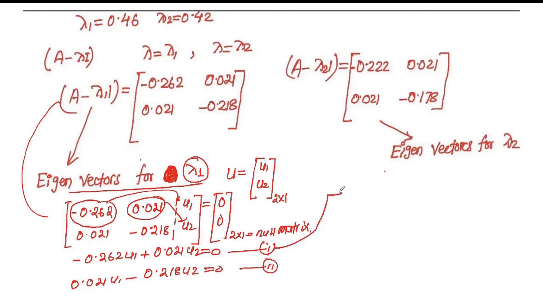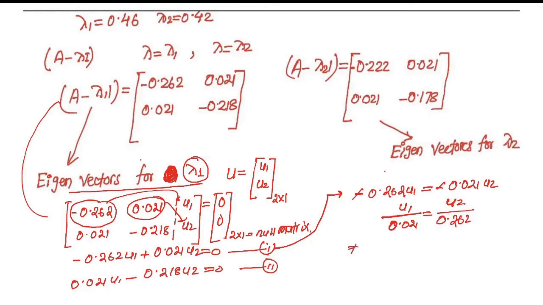Solving equation 1 here, we get minus 0.262 U1 equals minus 0.021 U2. Minus minus cancels out, and then we get U1 divided by 0.021 is equal to U2 by 0.262.